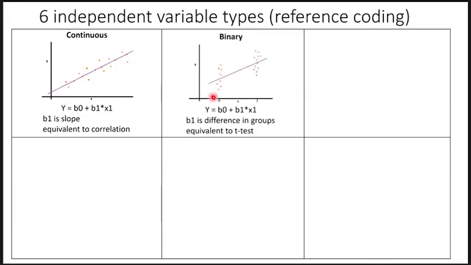If our x is binary, it means it takes 0 or 1. For example, it's 2 groups. For example, we have a healthy group and a group that has depression. So the slope, the b1, is not actually a slope. It is actually a difference in the averages of the groups, okay? And that's why we interpret b1 now as the difference in the groups, which is equivalent to a t-test, or other test between groups.